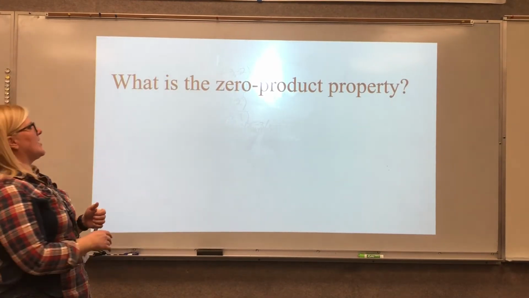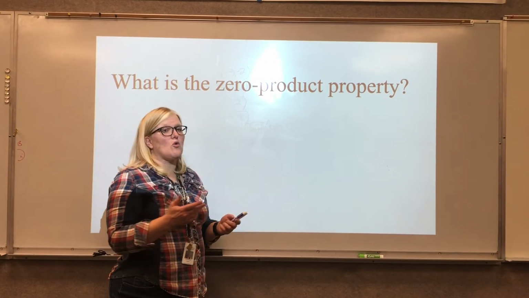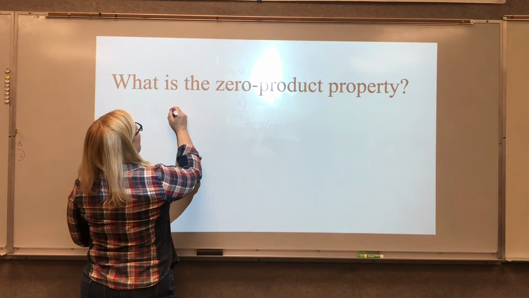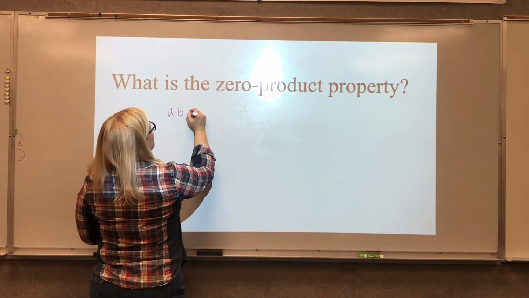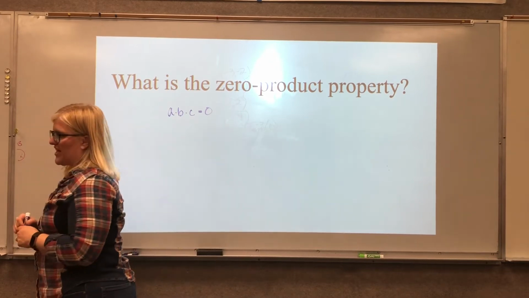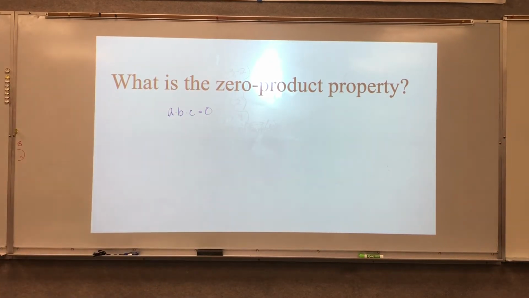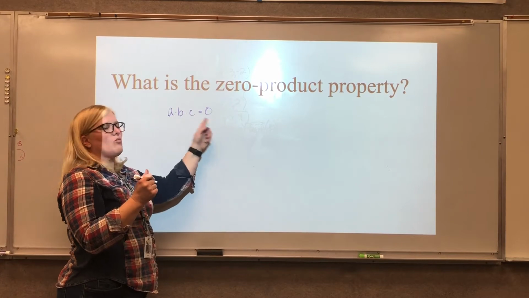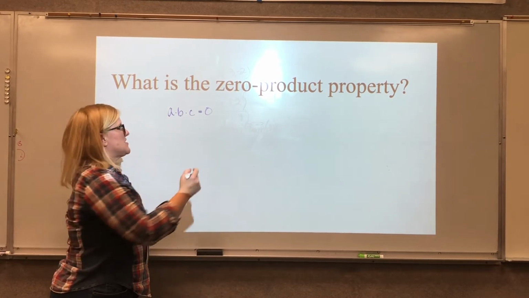Okay, so first of all, I do want to cover one thing, and that's the zero product property. What the zero product property says is that if you have two or more things that are being multiplied, and your answer is 0, then it means that one or more of these has to be 0.